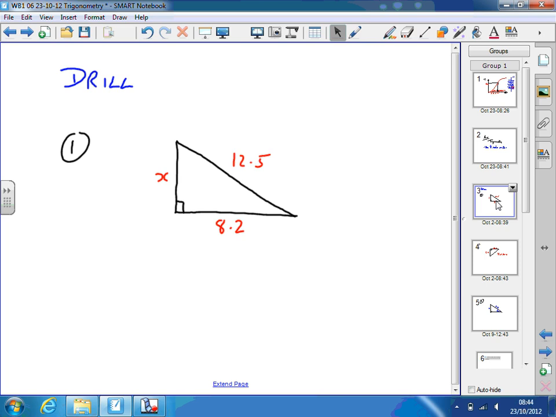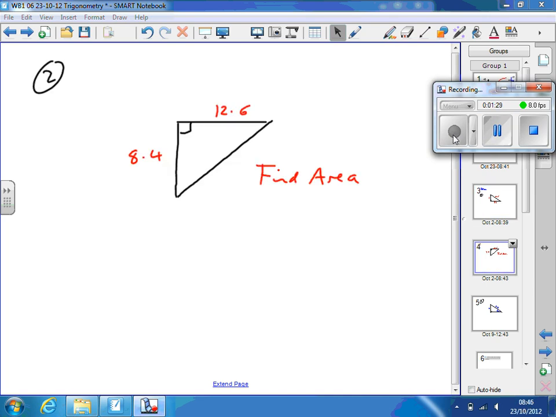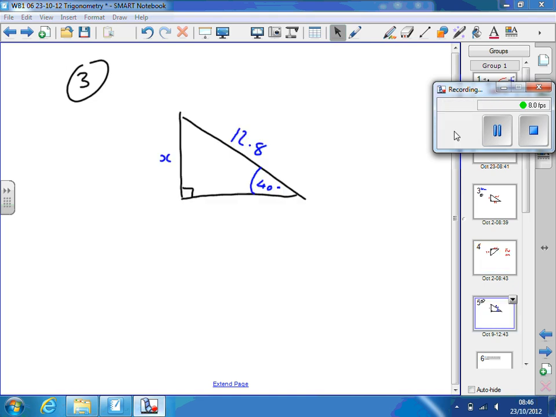Find x. We'll go through it now, I'll pause it, and then we'll go to the solutions afterwards. So number 2, find the area of this triangle here. Find x.